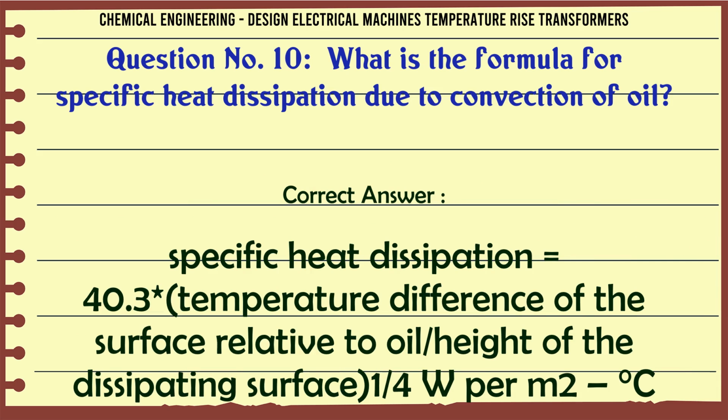The correct answer is specific heat dissipation = 40.3 × (temperature difference of the surface relative to oil / height of the dissipating surface)^0.25 watts per M2C.